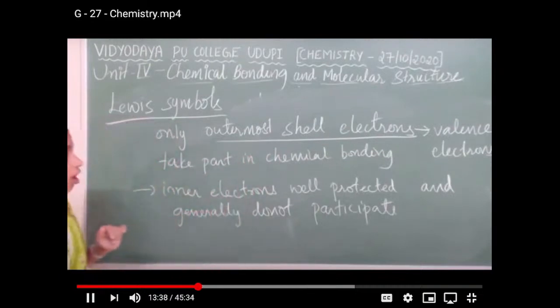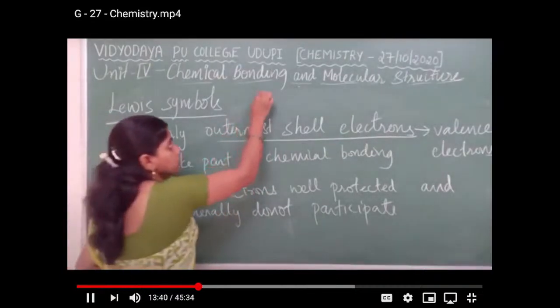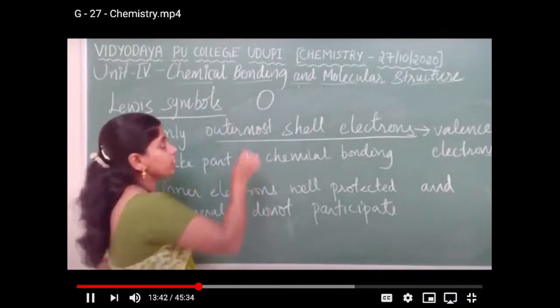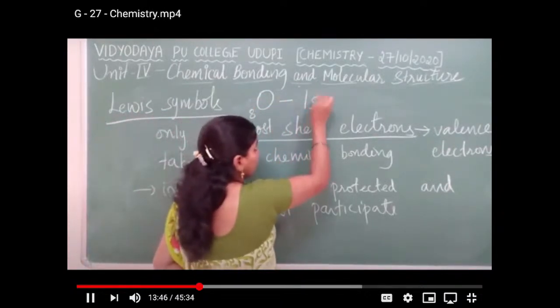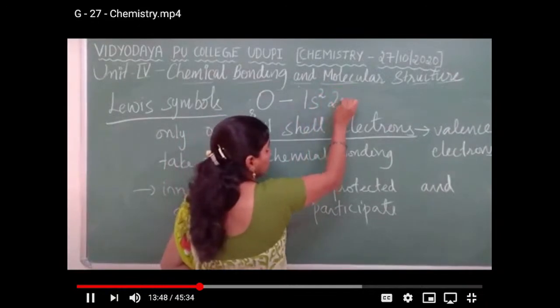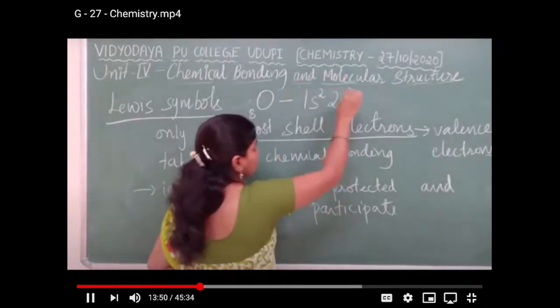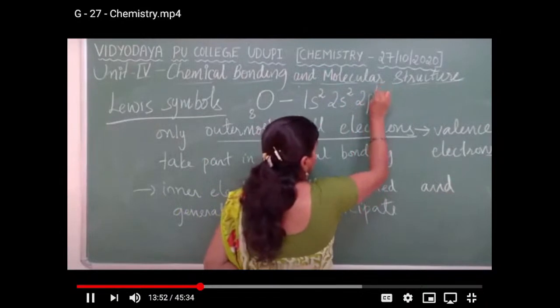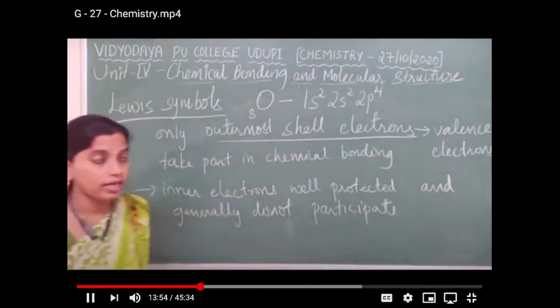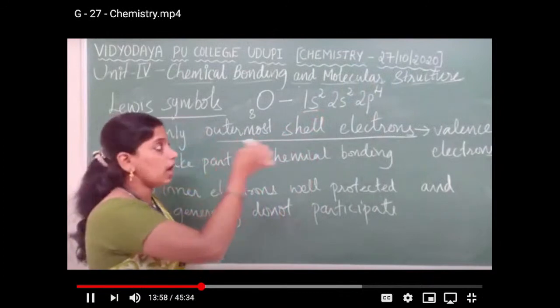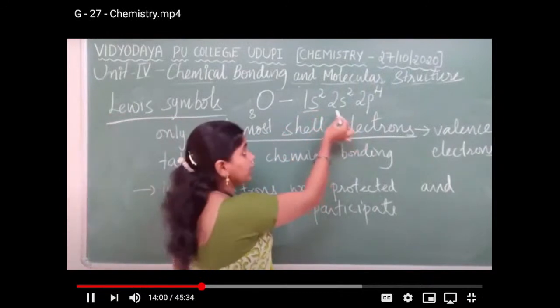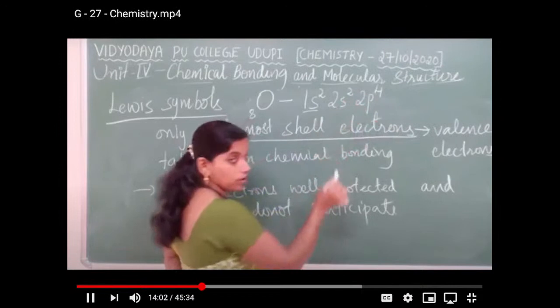For example, oxygen, atomic number 8. Electronic configuration is 1s2, 2s2 and 2p4. Here 1s is the inner shell. The outer shell is the second shell, which has 6 electrons.